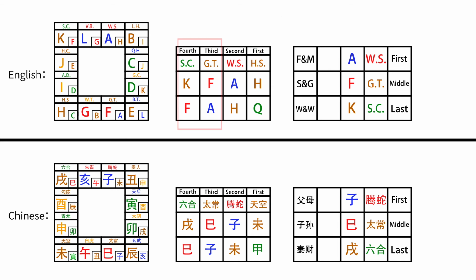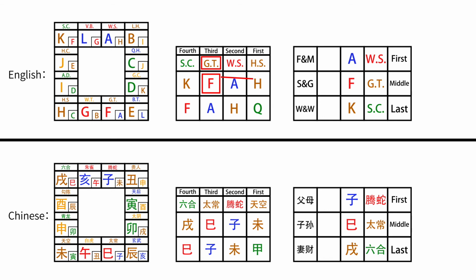In this course, the branch represents the family. The F in the symbol above in the third lesson, the celestial of F is the great tradition. The great tradition represents the family, because fire generates earth, F generates H, which means that the parents love the predicted person very much.